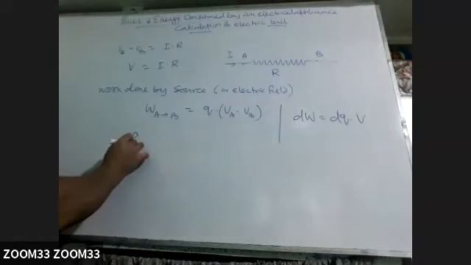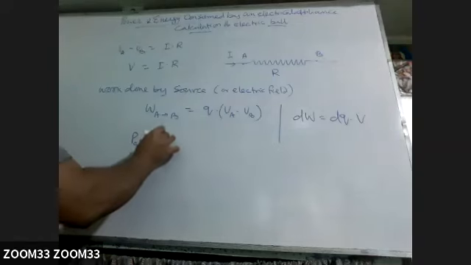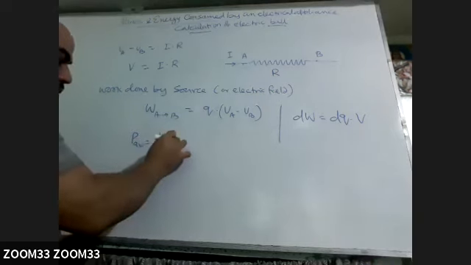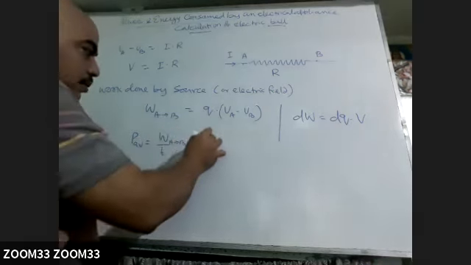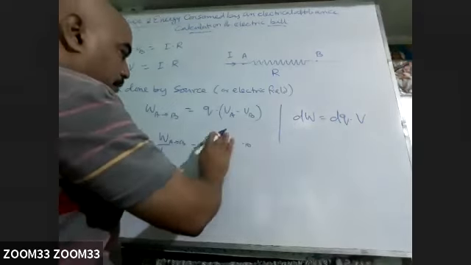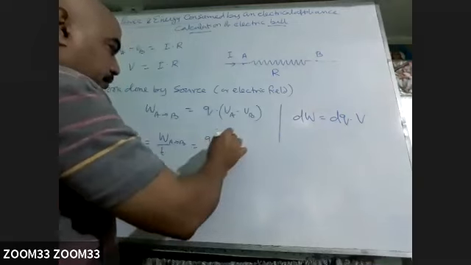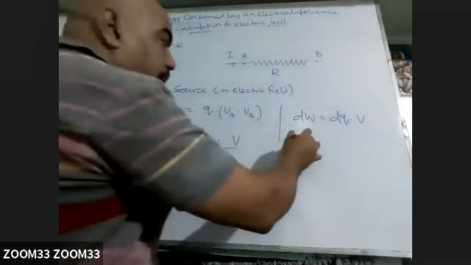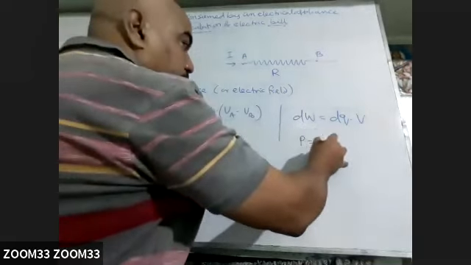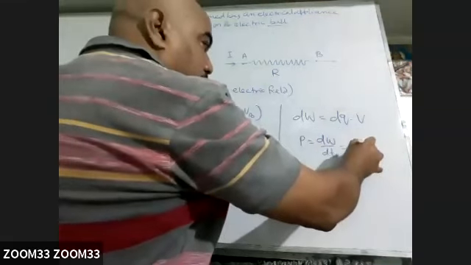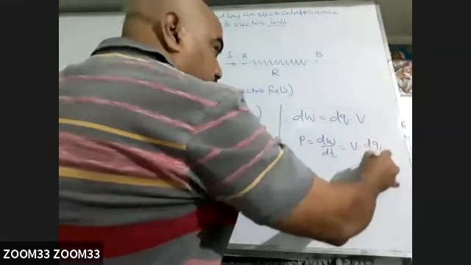So what will be the average power? Work done by time. Or given limited, instantaneous power. So V into dQ by dt.